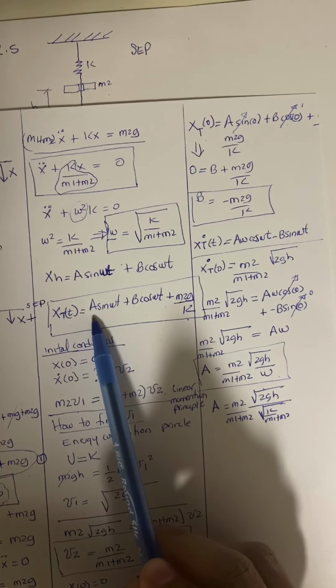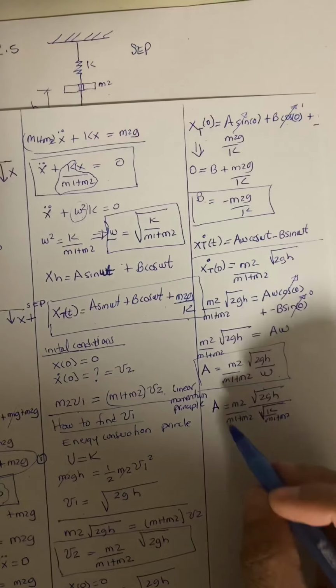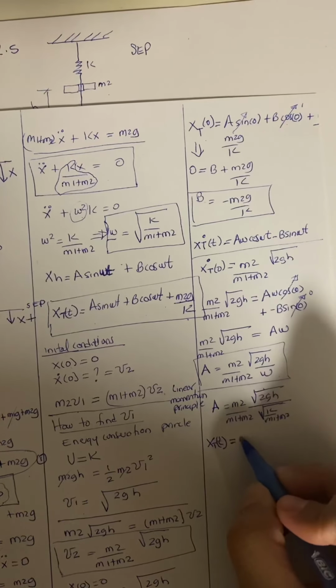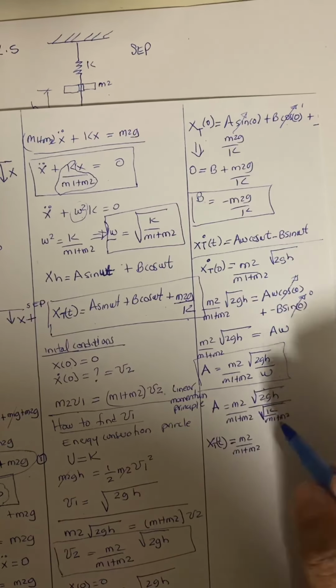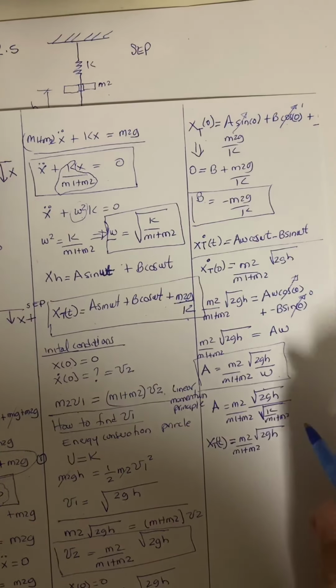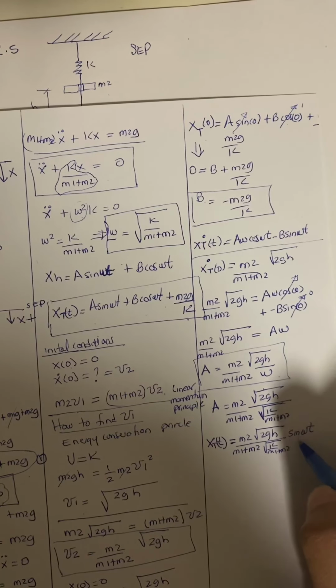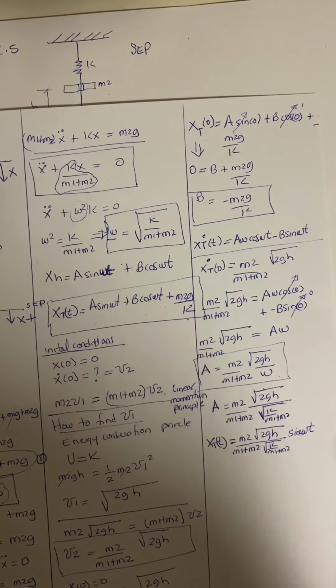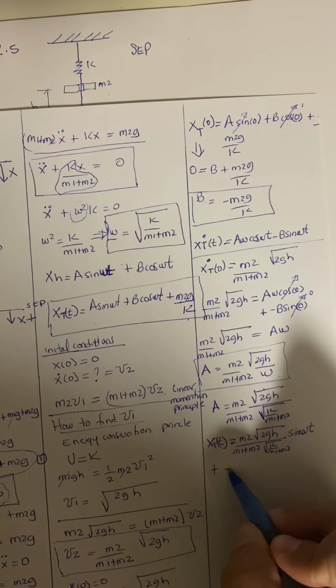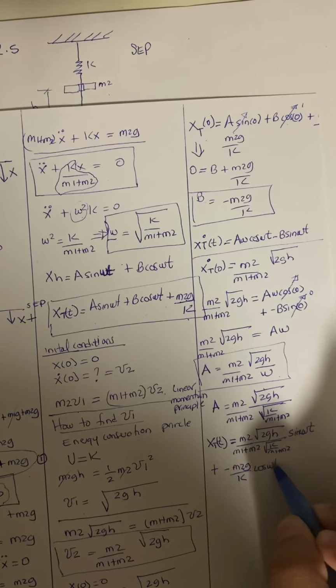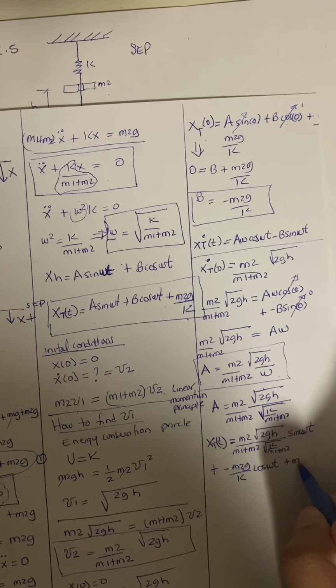We're going to substitute A and we're going to substitute B on this equation to get the total solution. x(t) is equal to m2 over (m1 plus m2) multiplied by the square root of 2gh, over the square root of k over (m1 plus m2), and that will be multiplied by sine wt, plus B, which is negative m2g over k, multiplied by the cosine wt, plus m2g over k.